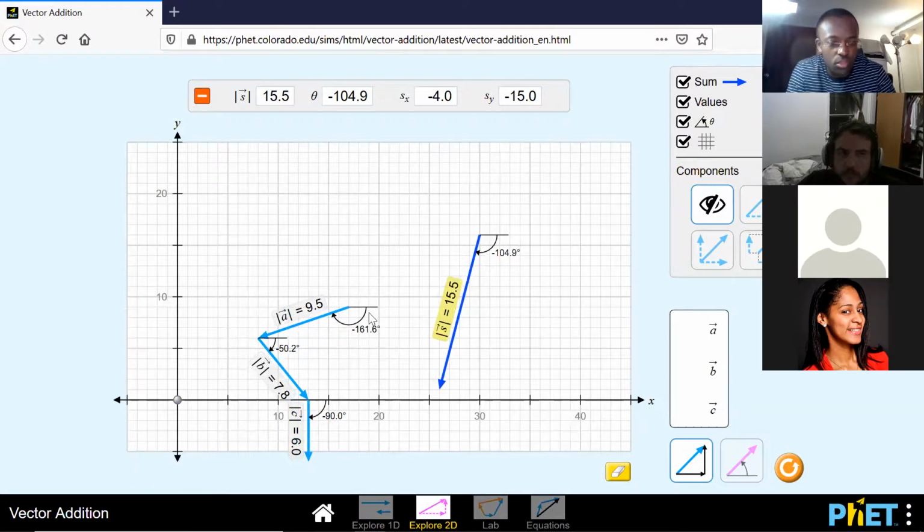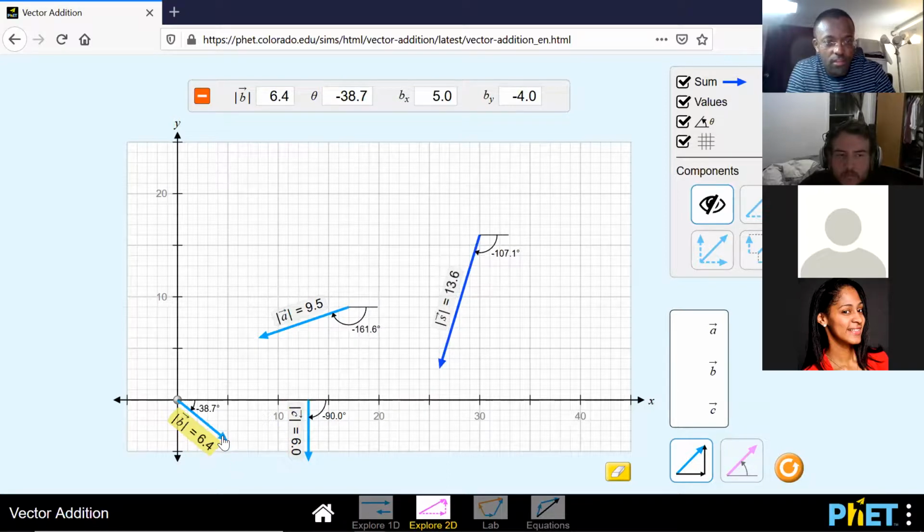But let me use vector B. Its components are 5 and negative 6. Let me reduce it a bit. So you see that vector B in this case, its components are 5 and negative 4.